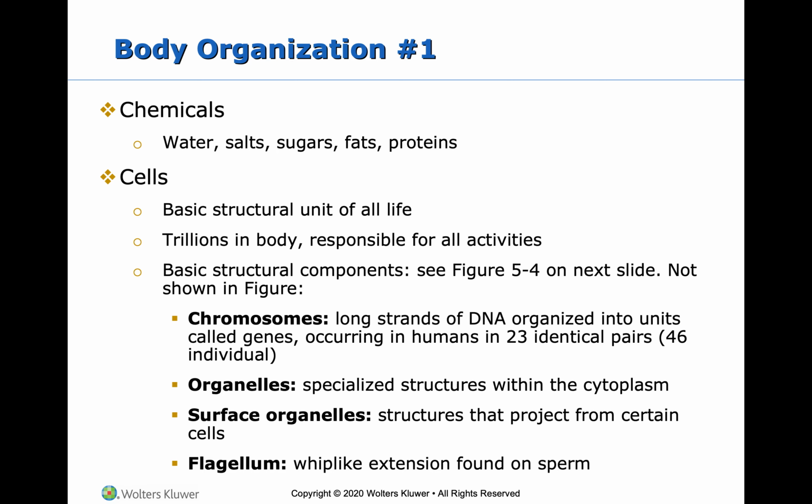Tissues combine to form organs. Organs combine to form organ systems, etc. So you can see how it all starts from chemicals: water, salts, sugars, fats, and proteins. And then it builds and builds by combining until you have a human body. Or not just a human body, any living thing starts from chemicals and cells.